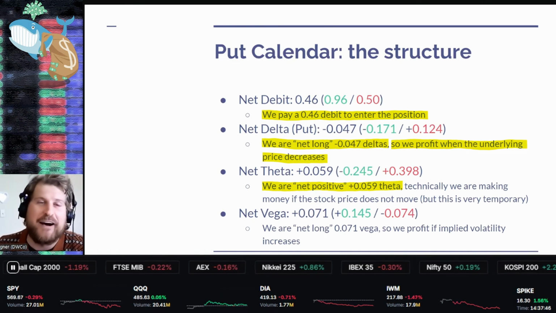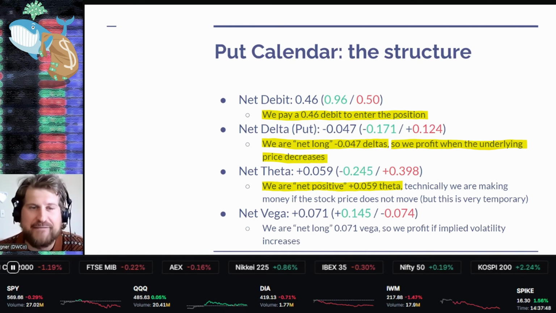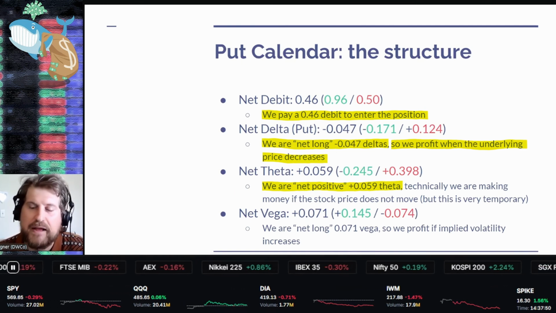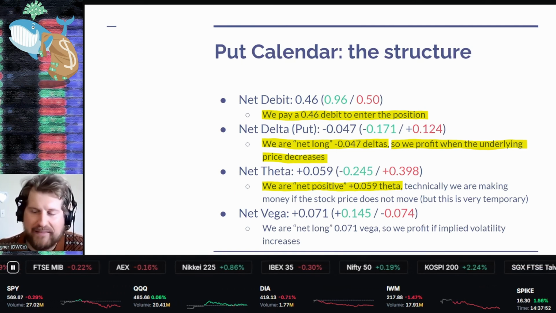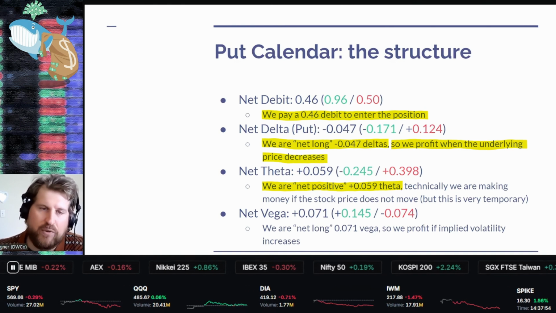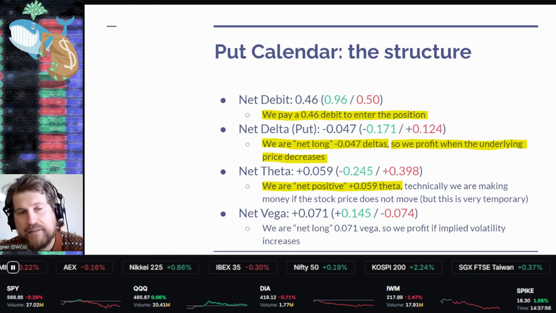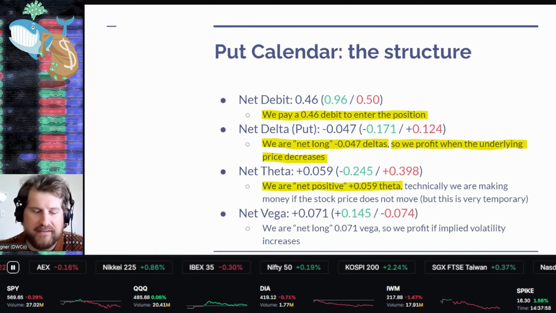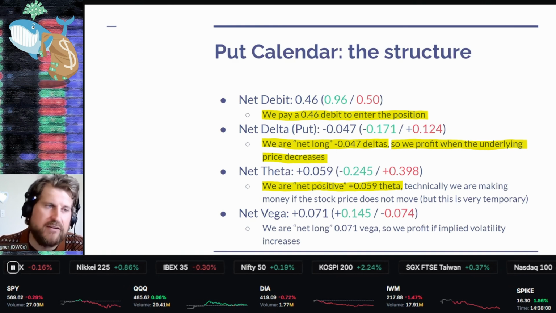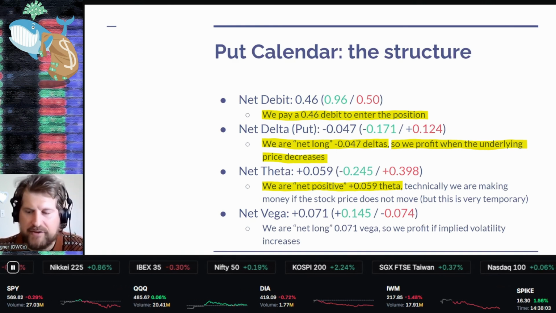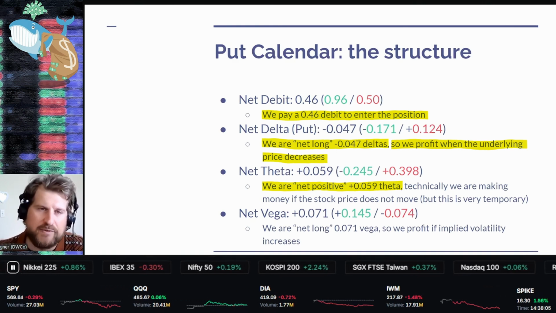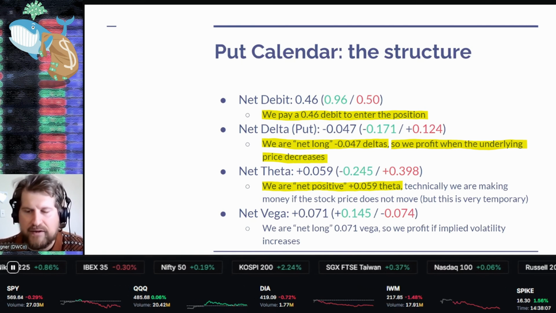Okay. And then finally, the net vega on this position. The contract that you buy, that back leg, has a vega of 0.145, and the contract that you sell has a negative vega because you're selling that contract, so that contributes minus 0.074 vegas.